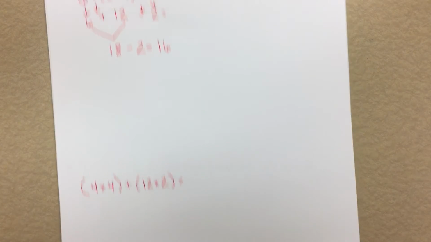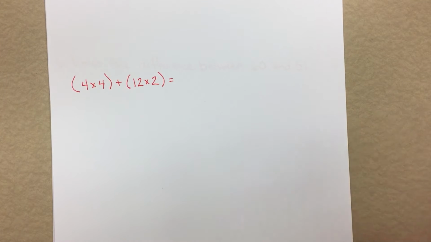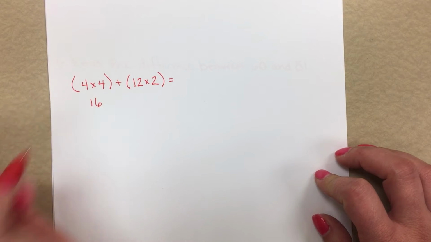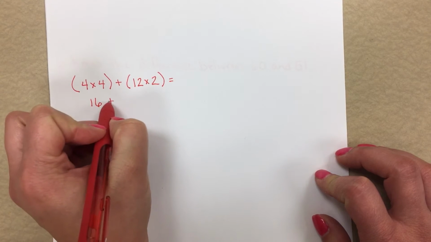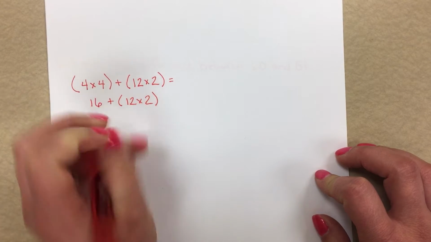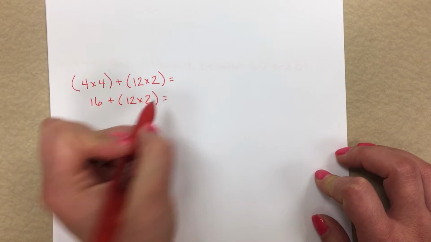So now, one other look at an order of operations problem. I have 4 times 4 plus 12 times 2. So I have to do what is inside of the parentheses first. So I'm going to do that from left to right, and I'm gonna go 4 times 4, which is 16. And if you want to pull down the whole rest of the problem, like I showed you, you can, or you could have just solved this one too.